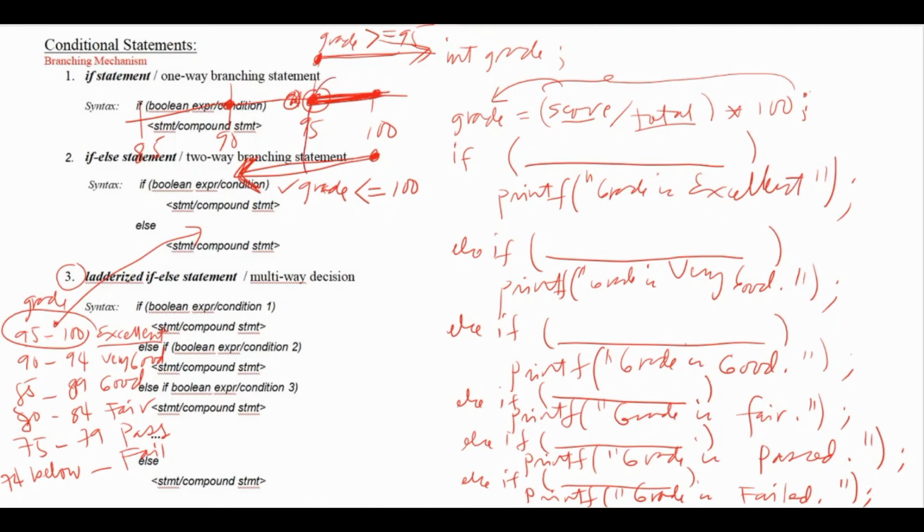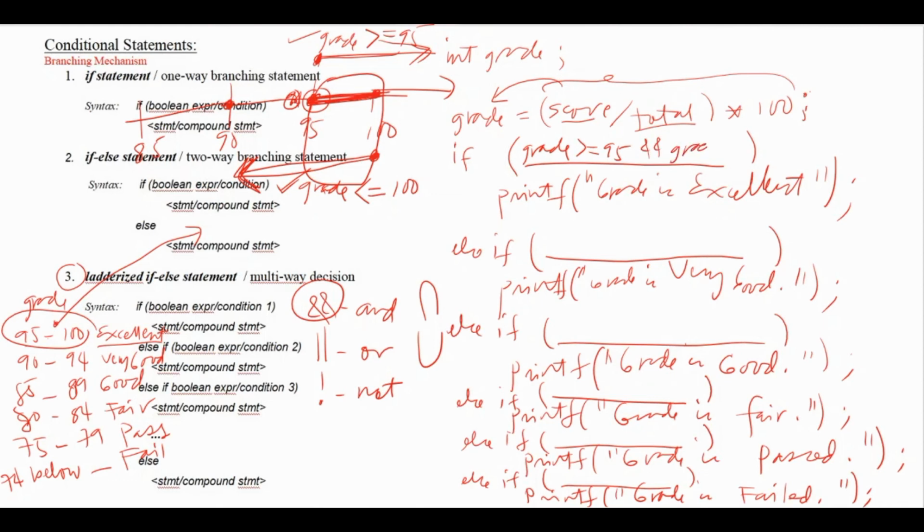But we are only looking at these values. So it is the intersection of this one and this one. What is the logical operator equivalent for intersection? Remember, the logical operators are the AND, the OR, and the NOT. The intersection is represented by the AND. Union is OR. So we're going to use AND. So we say here, grade greater or equal to 95 and grade less than or equal to 100.